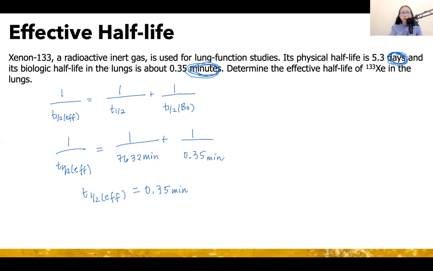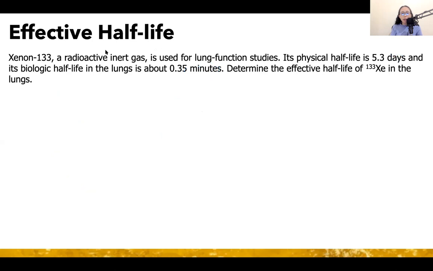This means that if your physical half-life is much greater than your biological half-life, then your effective half-life will be close, if not equal, to the biological half-life.